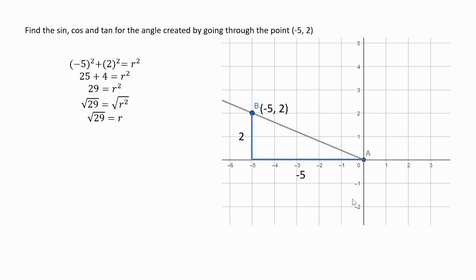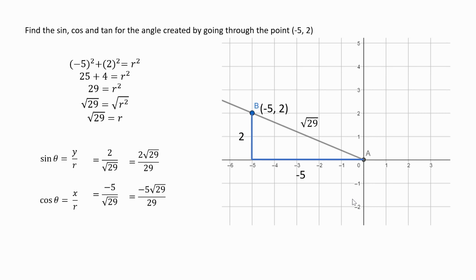So in this case, I'm going to go and label my radius, right? We're going to use the term radius, not hypotenuse, okay? And the sine is the y value. The y is the vertical distance, so that's 2 over root 29. Rationalize that. Cosine is the x value, which is -5, right, over the r value.